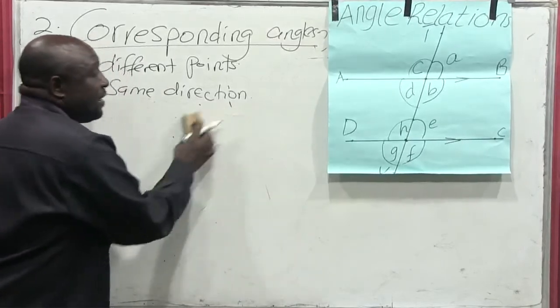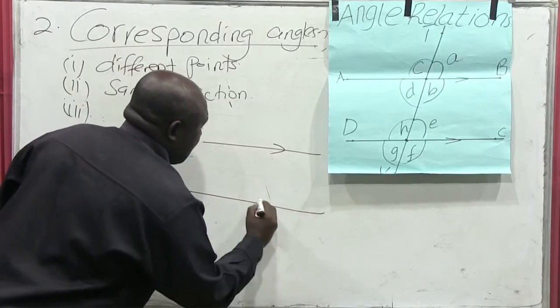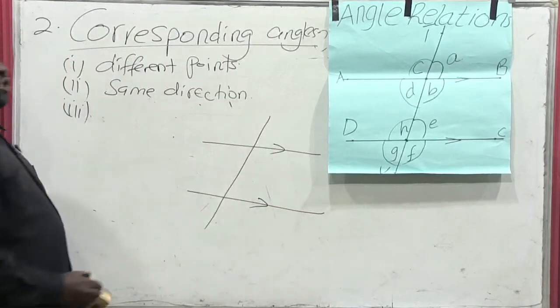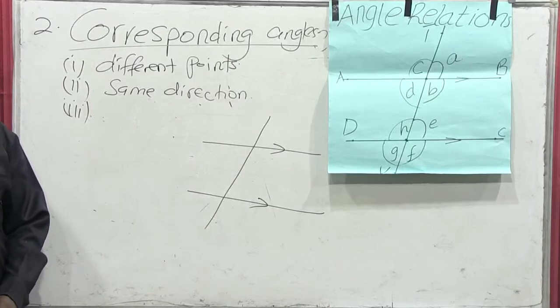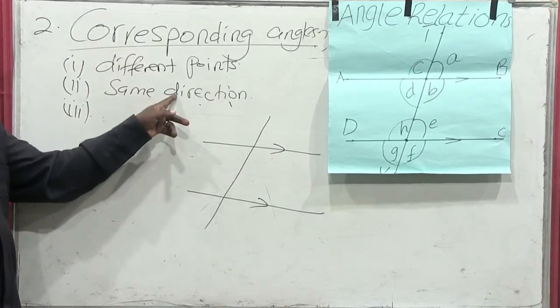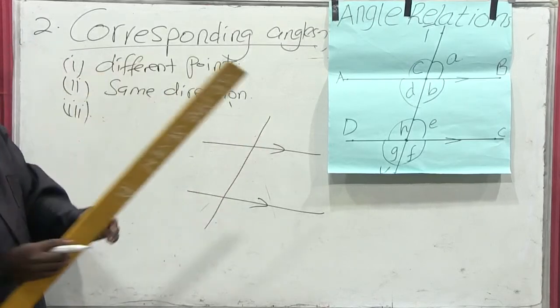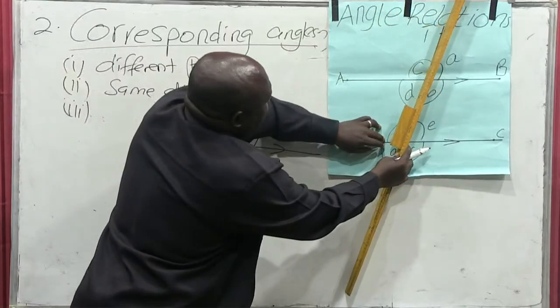Look, my friend. One line which is parallel to another line, and a transversal crossing there. So, same direction.